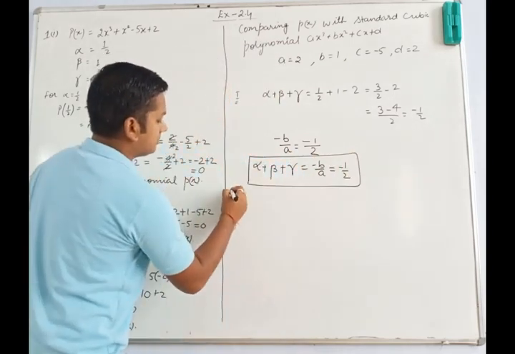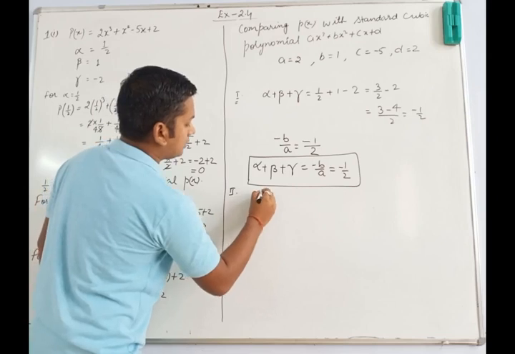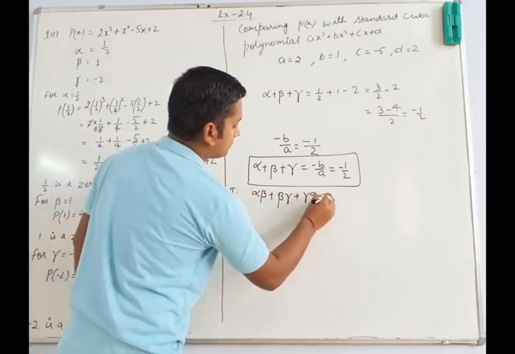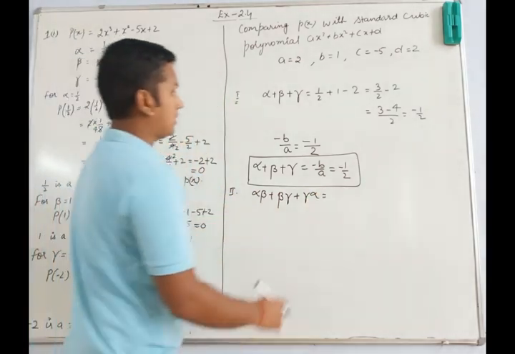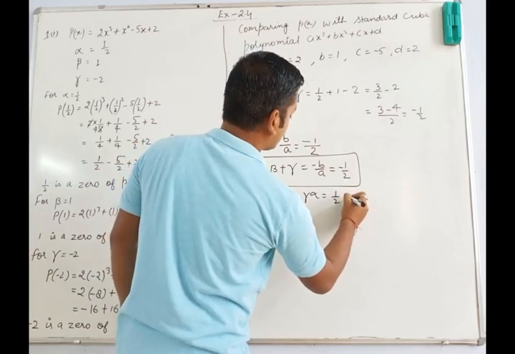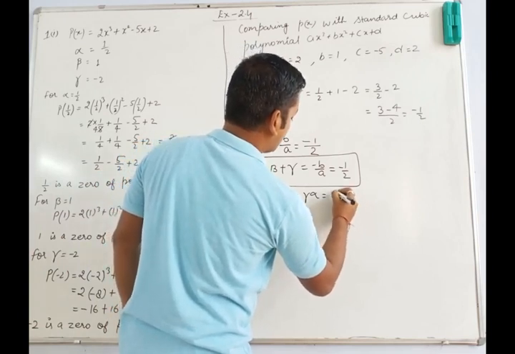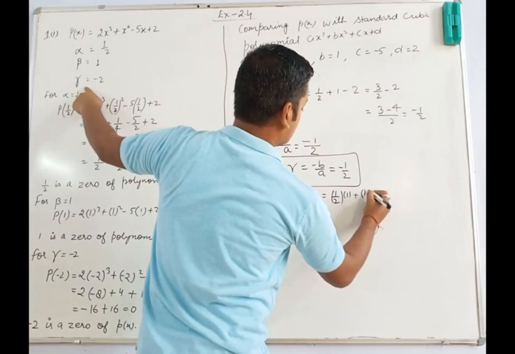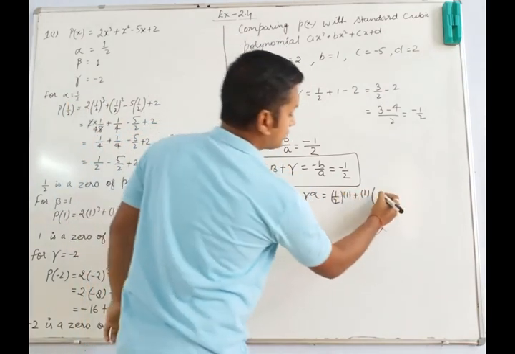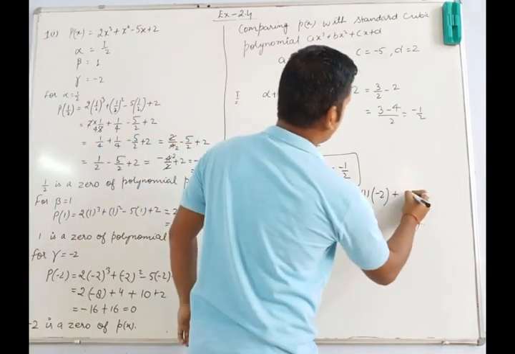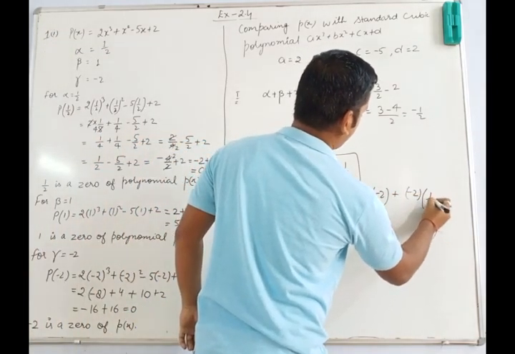Now the second relationship, alpha beta plus beta gamma plus gamma alpha. The multiplication of alpha and beta, what will it give you? Half into 1, plus beta gamma, 1 into minus 2, plus gamma alpha, minus 2 into half.